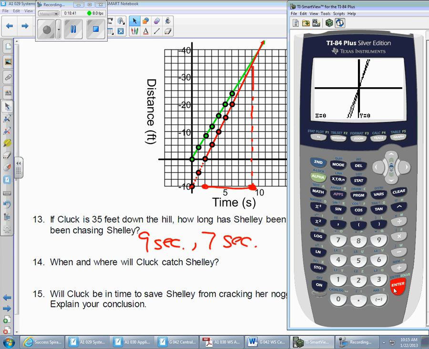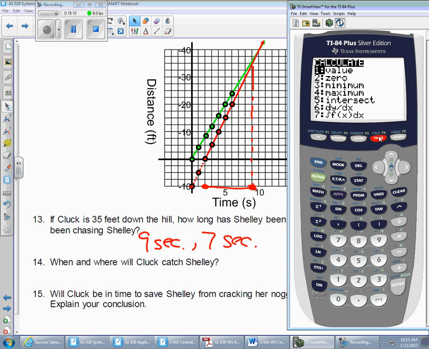Now the intersection's in the screen, but I'm having some trouble figuring out where it is, so I'm going to zoom back in. If I can get my calculator to cooperate. I'm going to focus on where I think the intersection is and get a closer look at it. I think it's pretty clear that we've got it right in this area.